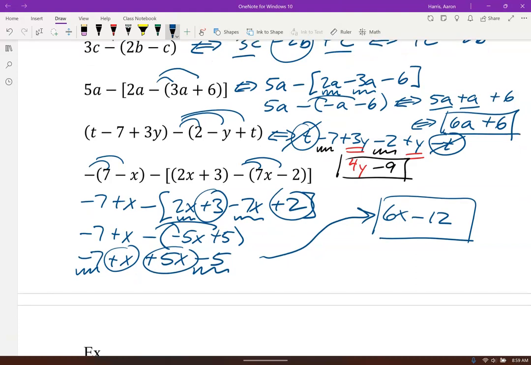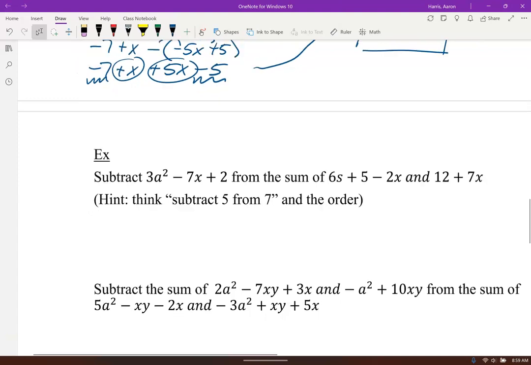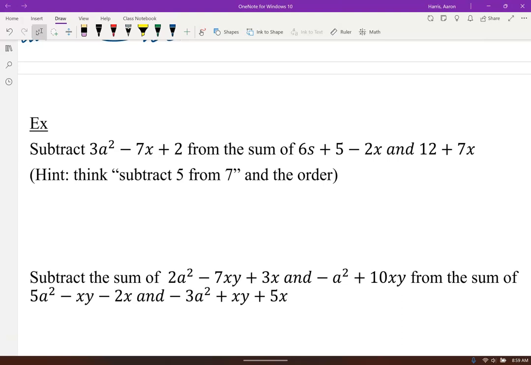All right, let's take a next one with a verbal. And I give you a little hint on this. Subtract 3a squared minus 7x plus 2 from the sum of those two. So let me give you an example. If you have subtract, I wrote 5 from the 7, it'd be 7 minus 5, right? So what we're doing is we're subtracting this from, but then what do we have here?